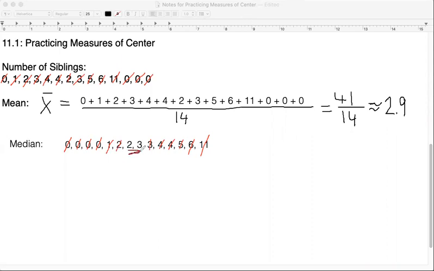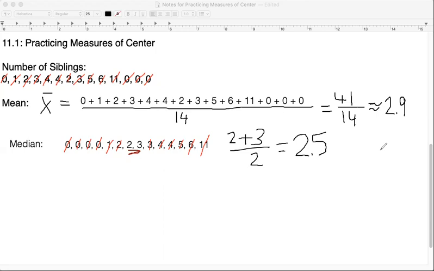In the event that you end up with 2 different values in the middle, and there's not just a single middle number, we're going to average those 2 numbers. So we do 2 plus 3 divided by 2, which gives our median of 2.5.